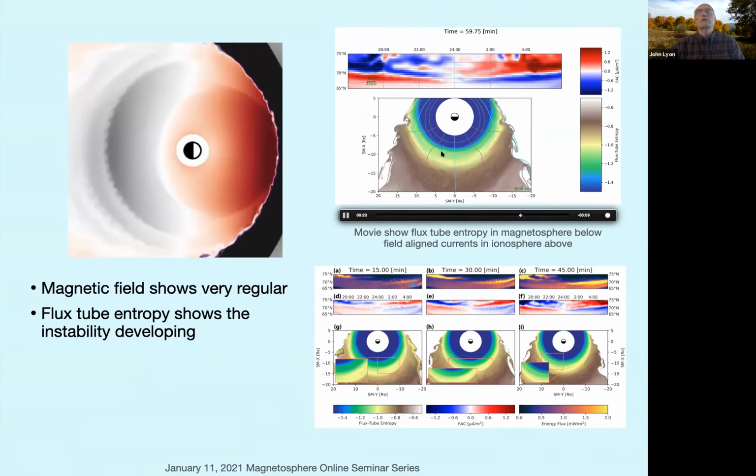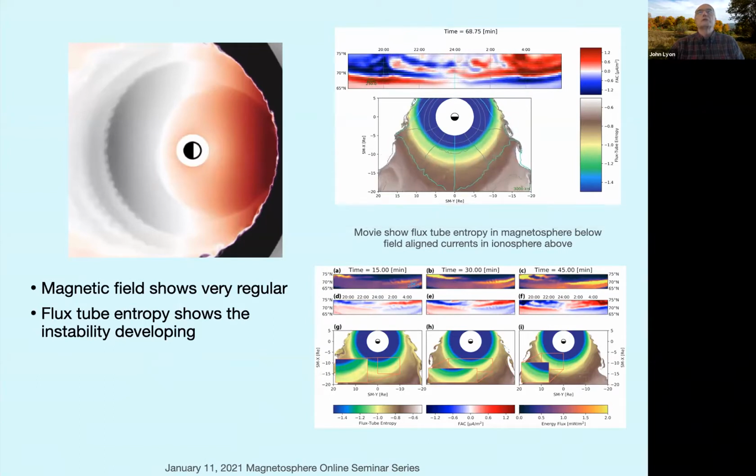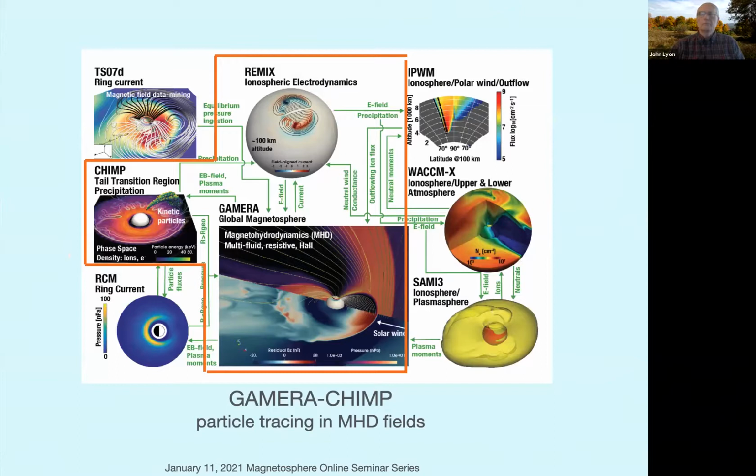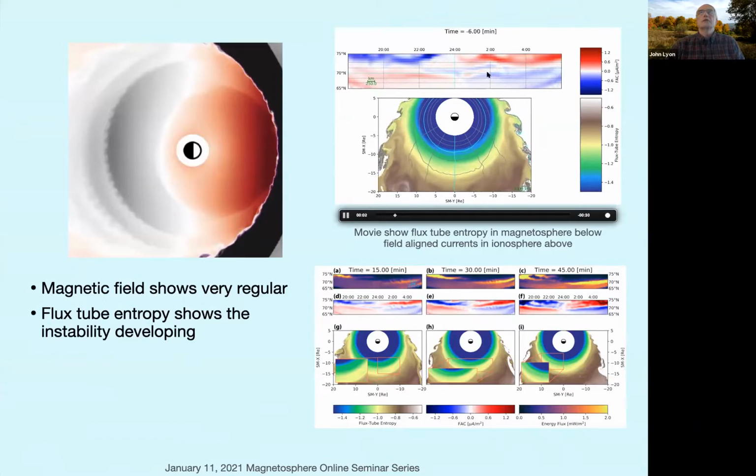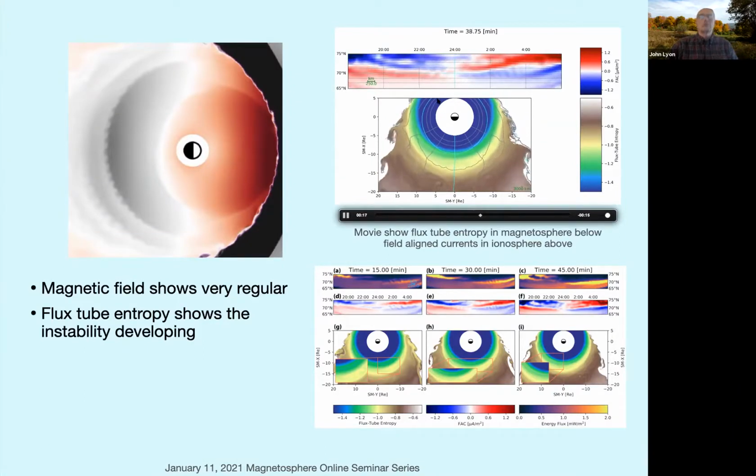But if you get a reversal, it becomes interchange unstable, and you get these fingers. And this upper plot shows the field-aligned currents in the ionosphere, and you can see these little fingers of field-aligned current forming, which give rise to the bubbles.